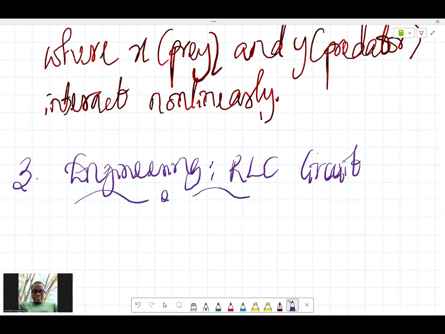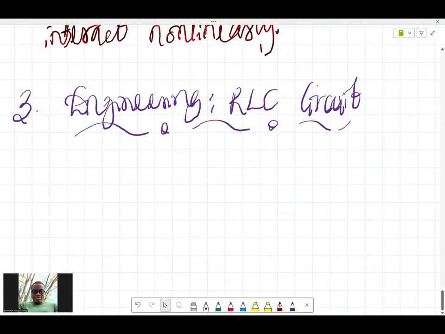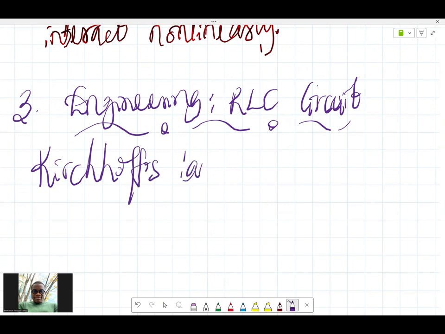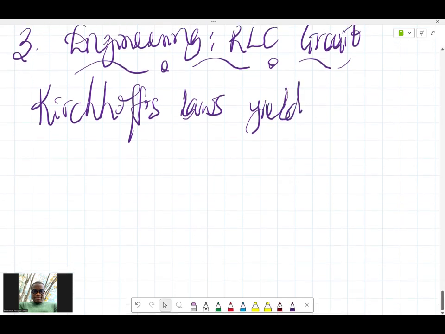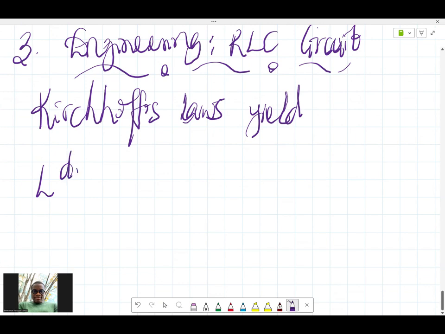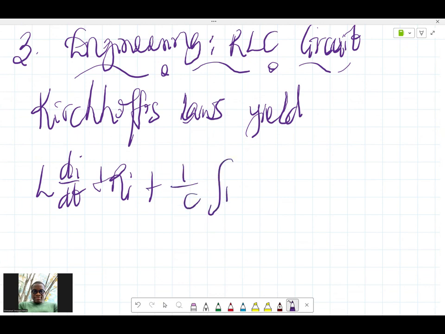Kirchhoff's laws yield the following, where we have L di dt plus Ri plus 1 over C integral of i dt always equal to V of t.